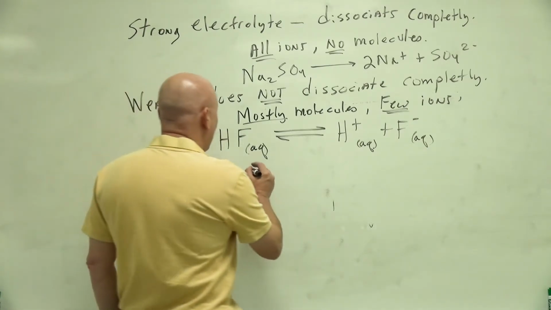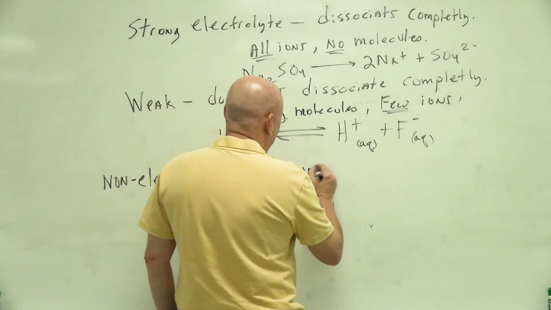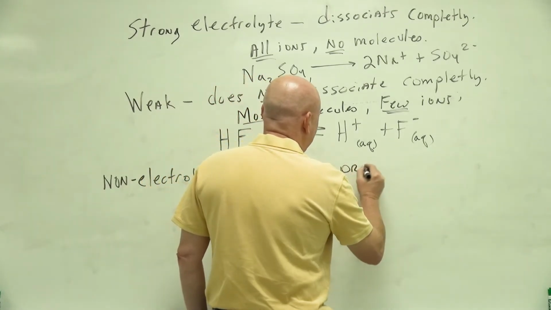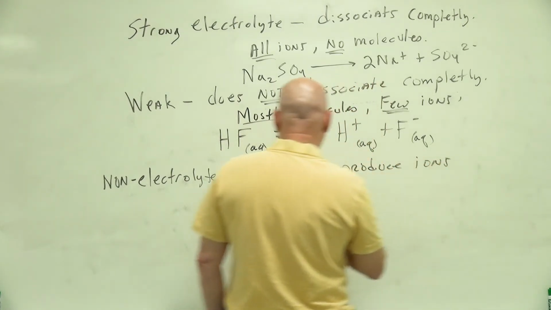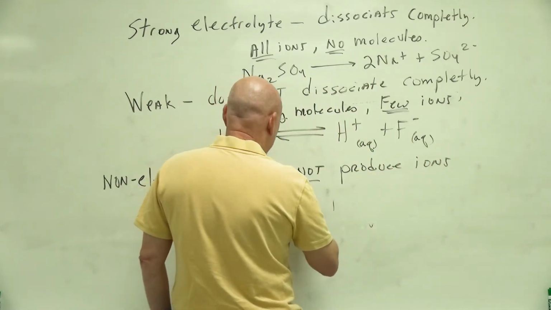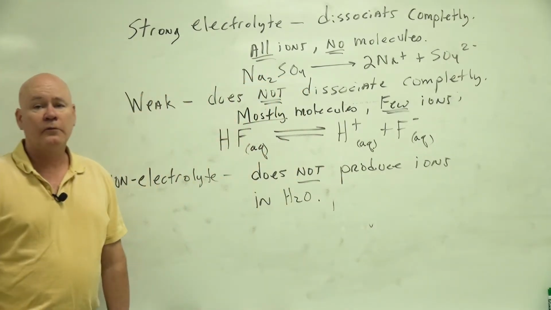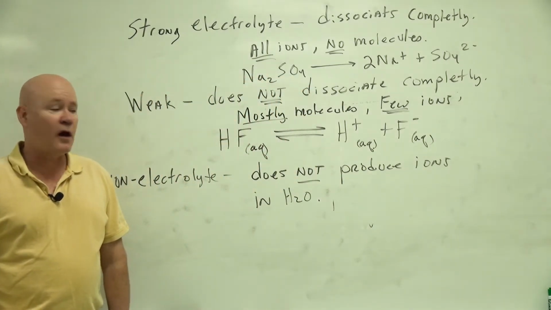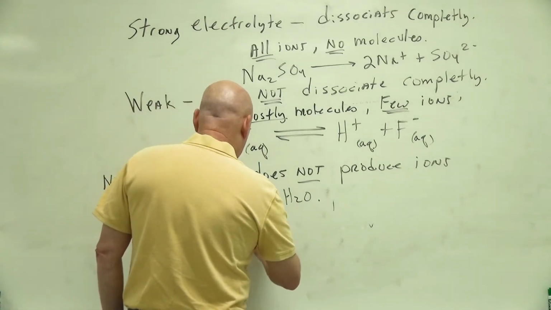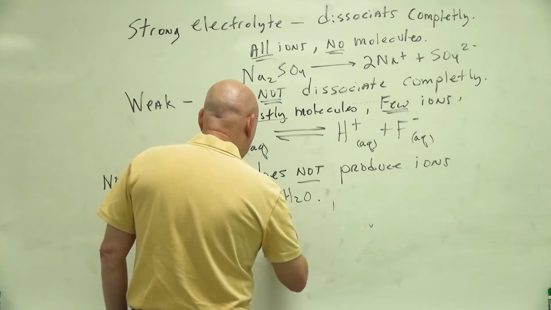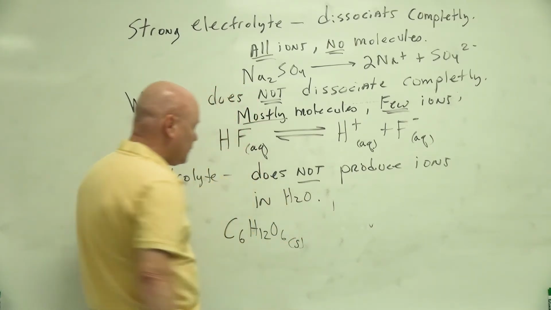And so it does not produce ions in water. Now, things do dissolve without producing ions. An example would be glucose, C6H12O6, otherwise known as blood sugar.